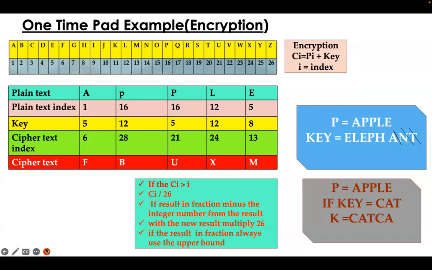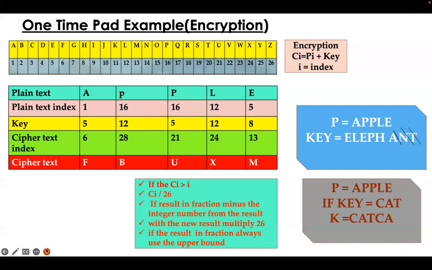But in this one-time pad, our key is not a number. It is a string, and it can be any type of string. So in this, our plaintext is apple and our key is elephant, which is longer than our plaintext.